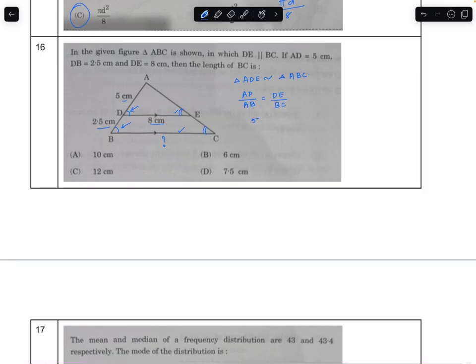AD is 5 and AB is that full length. So 5 plus 2.5 is equal to DE is 8 and BC is what we have to find out. 5 upon 7.5 is equal to 8 by BC. So BC is equal to 8 into 7.5 upon 5, which is 12 centimeter. So the answer is option C.